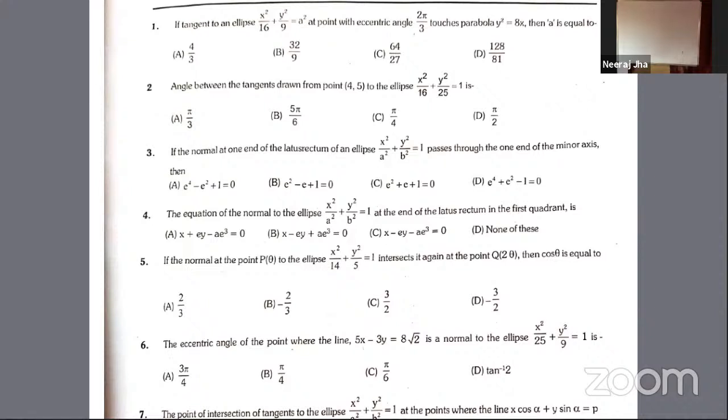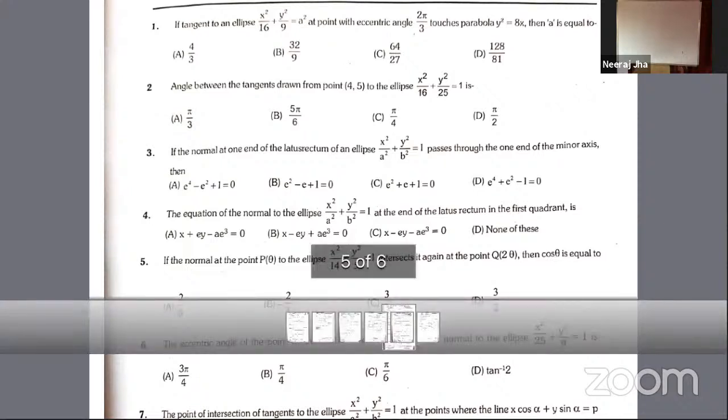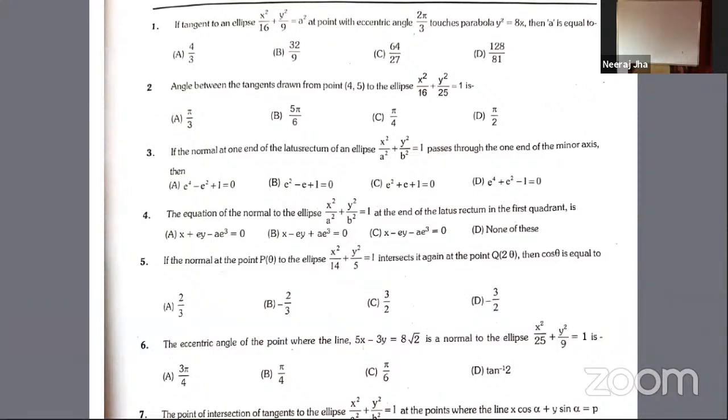Normal at one end of the latus rectum of the ellipse. All right. What is one end of the latus rectum? I will make you solve this problem. You have looked into the problem now. What is it saying?